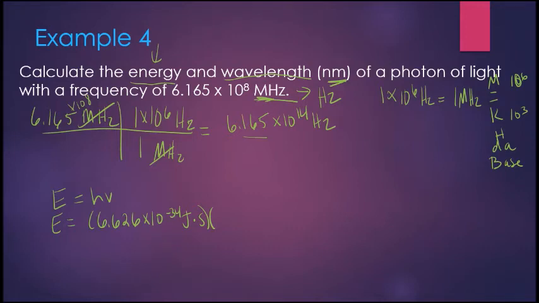And then we enter in our frequency, 6.165 times 10 to the 14. I'm going to put it in as 1 over seconds so I can cancel my seconds here. I do that calculation. The original measured value has 4 significant digits, and I'm going to keep those 4 as well.